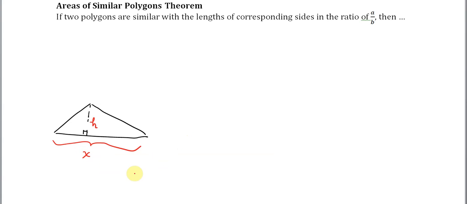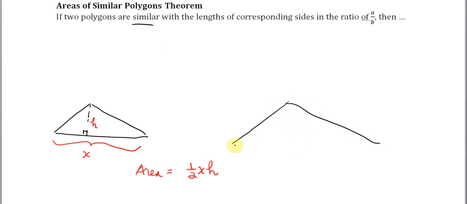Then the area of this triangle is going to be 1/2 x, that's the base, times the height. Now let's compare that to a triangle that's similar to this. And I don't mean similar in colloquial terms, but in technical geometric terms, they are the same shape but different sizes. Okay.